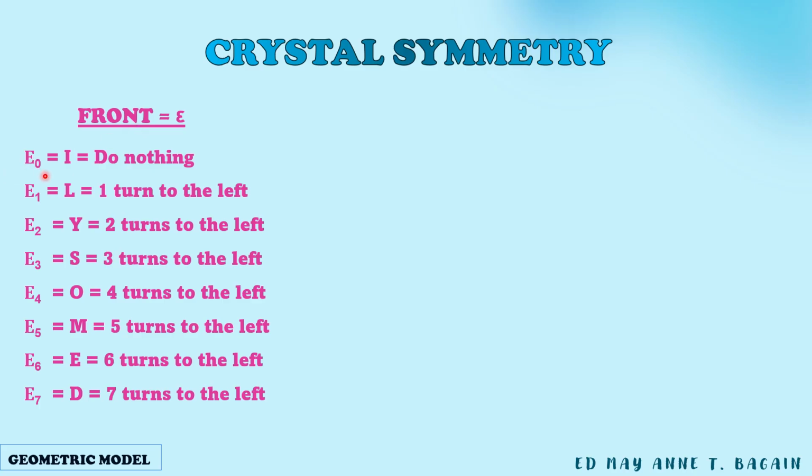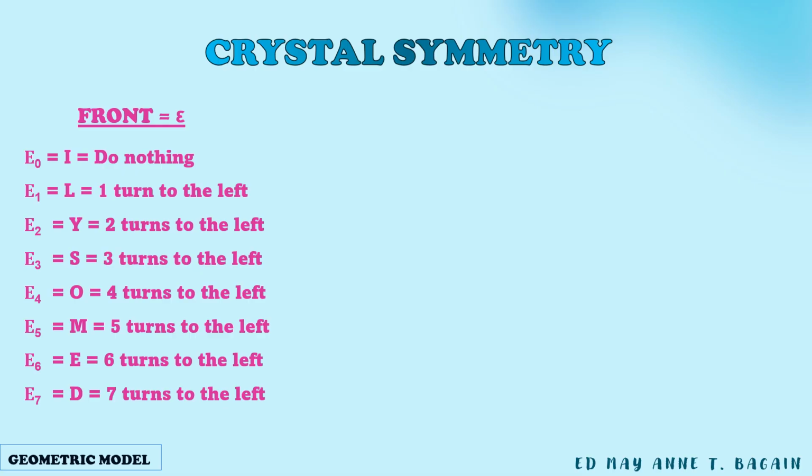Epsilon sub 0 is equal to I, which is equal to do nothing, and for L it would be epsilon sub 1, and for Y it would be epsilon sub 2, for S we have epsilon sub 3, for O we have epsilon sub 4, and for M we have epsilon sub 5, for E we have epsilon sub 6, and D we have epsilon sub 7.